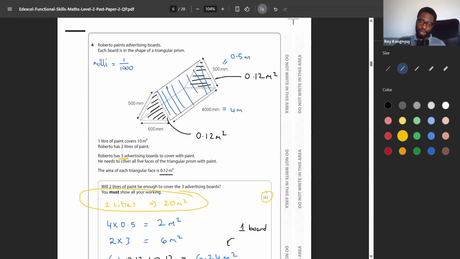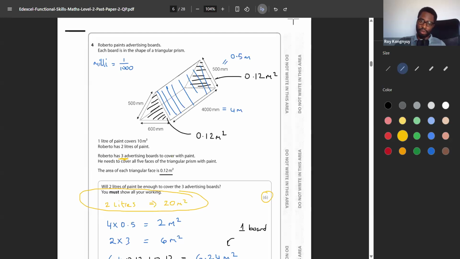So that's what we did. We analyzed one advertising board. We tried to find the area of one of these rectangular faces. We saw that that's actually 2 meters squared. Then we analyzed it even more, figured out that there's 3 of these rectangular faces. So we multiplied it by 3.